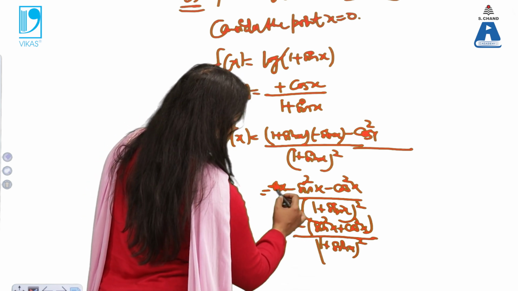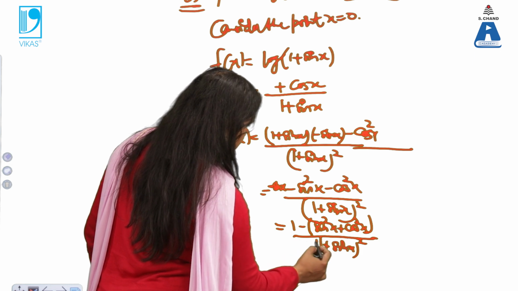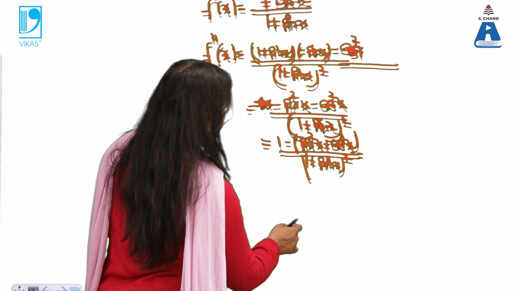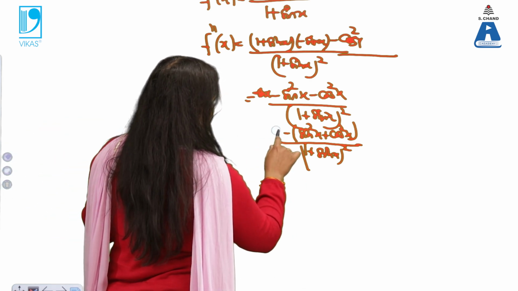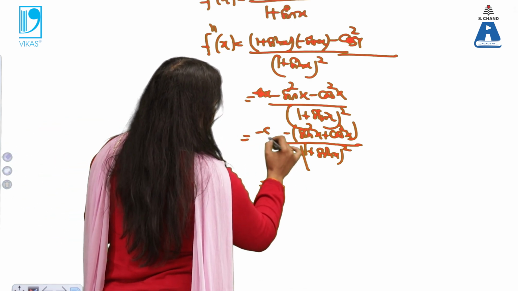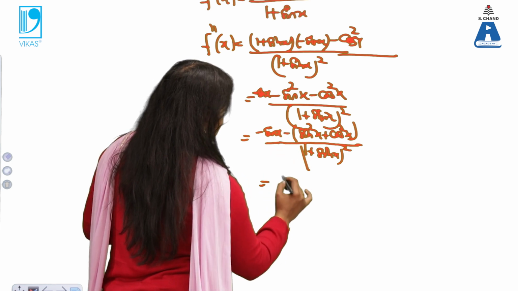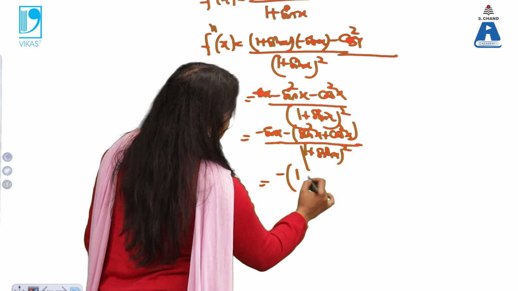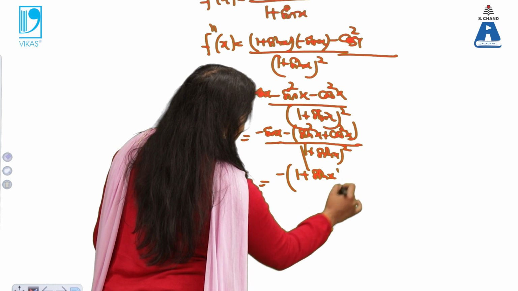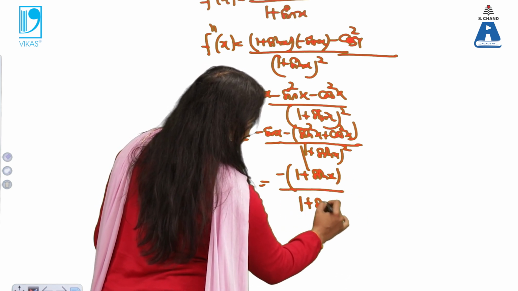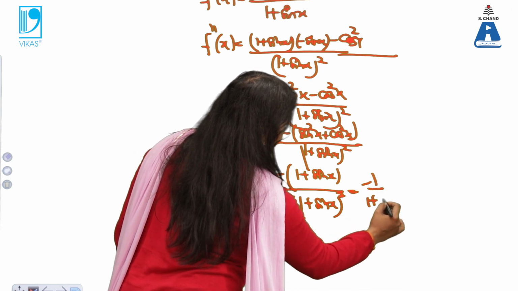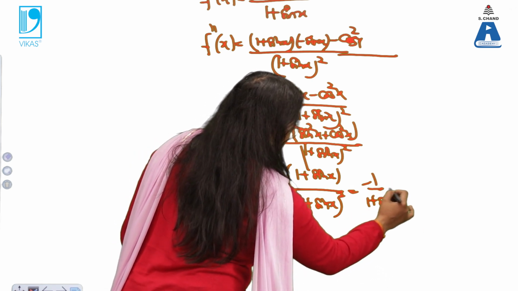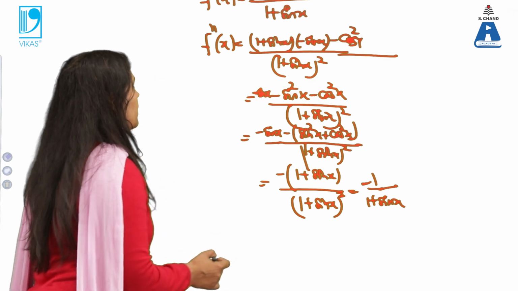So minus sin x, and this value is minus sin x minus, I just change here also, by mistake I just left it. So minus sin x, minus take out common, and finally this is the second derivative.